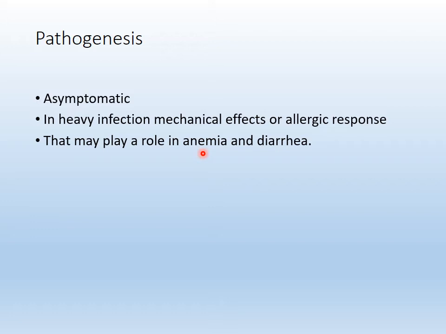It would not feed on the blood, but due to attachment of this worm to the mucosa of the intestine, there would be oozing of the blood, and that heavy infection may lead to blood loss, which is chronic in nature, may lead to anemia, and many times the person would have diarrhea, which is mucus diarrhea in nature.